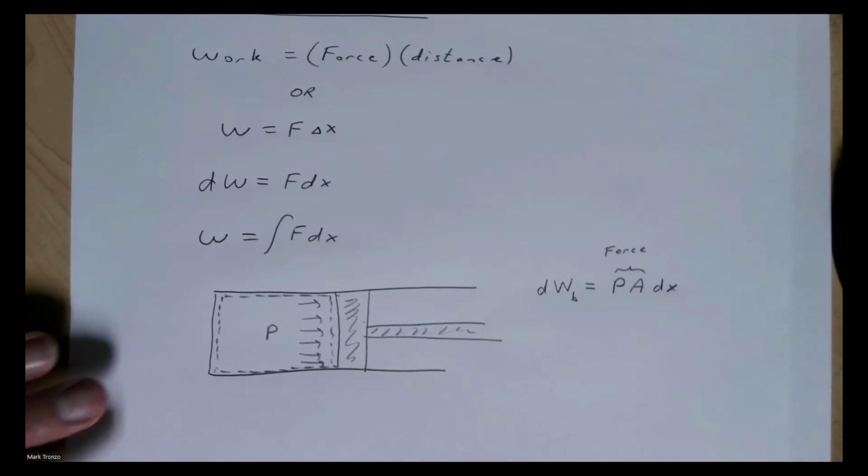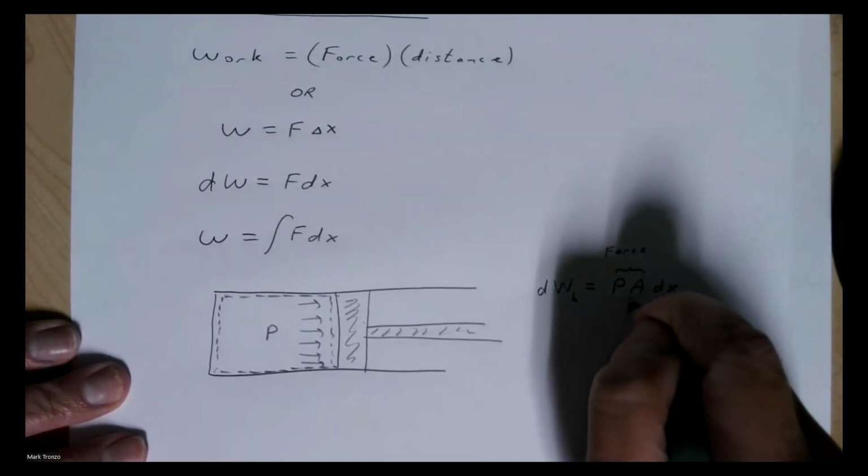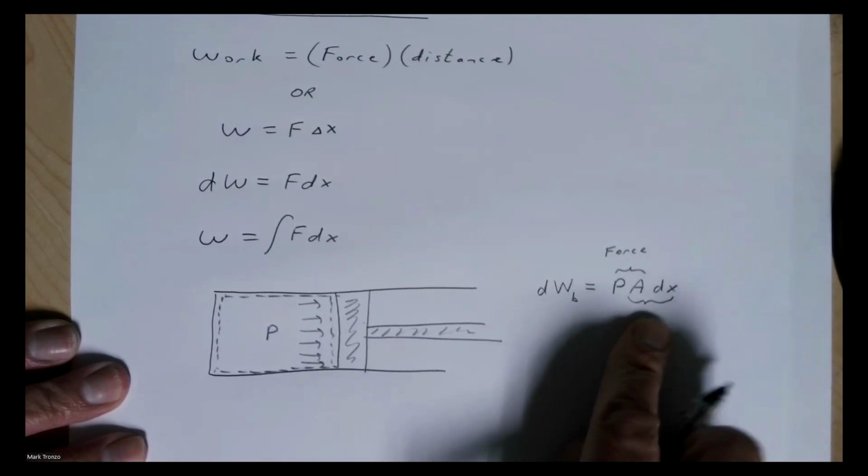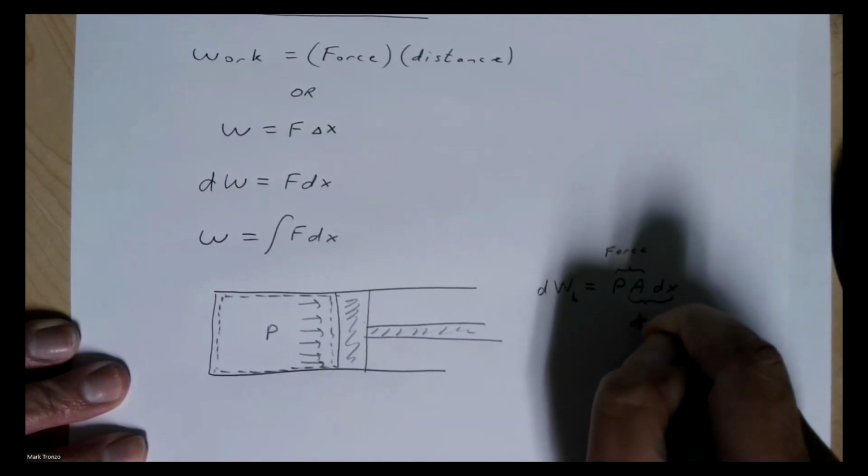Now, we could put these last two factors together. If you have area times dx, this is going to be the differential volume, like this.